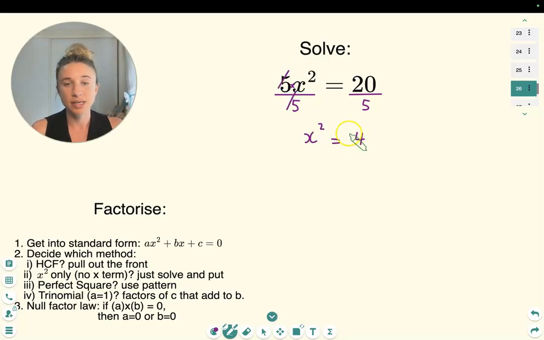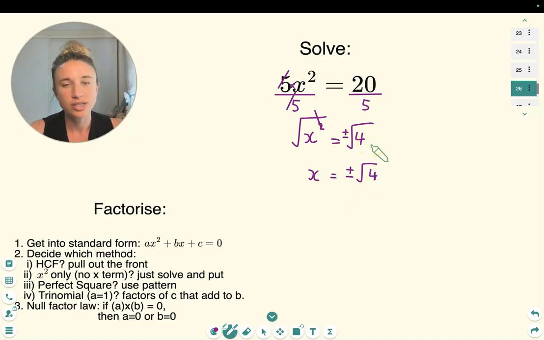Now this step is very important. If we have x squared equals 4 and we take the square root of both sides, because that's the opposite of squaring, you have to put a plus or minus out the front when you take that square root. So we're going to have x equals plus or minus square root 4.